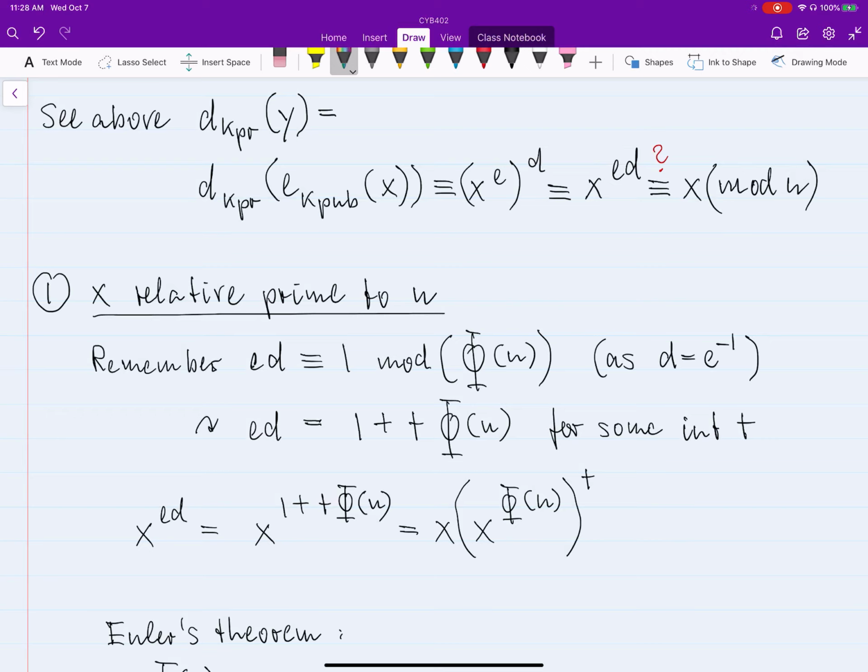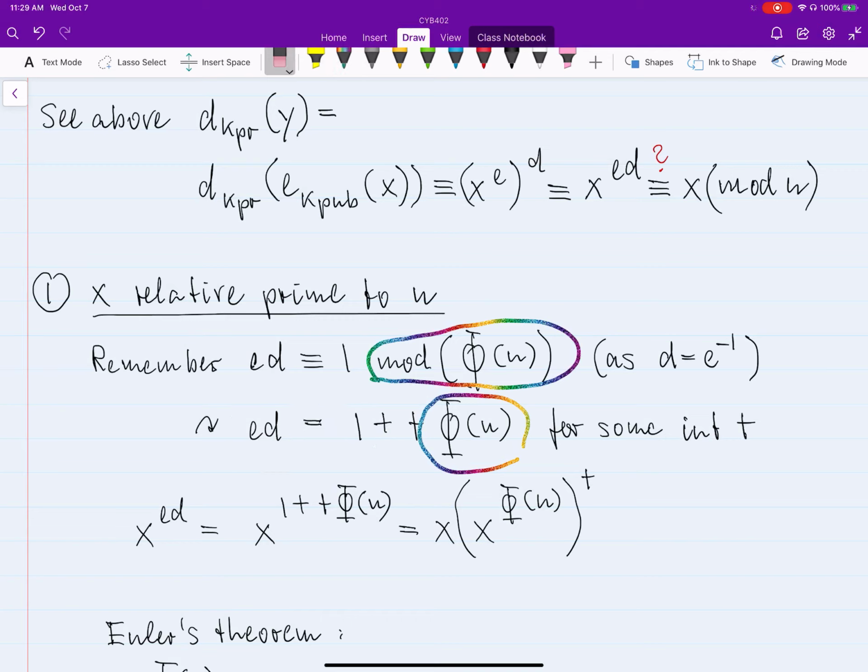So this is a given. This is what the algorithm relies on. So we can obviously rewrite that into something what actually modulo means. Okay, modulo means that phi of n divides ed minus 1.